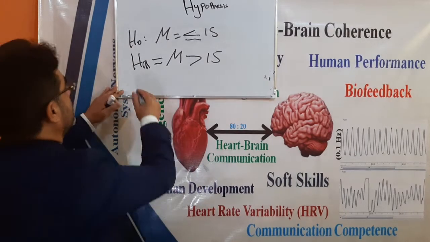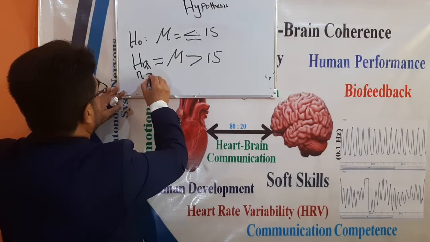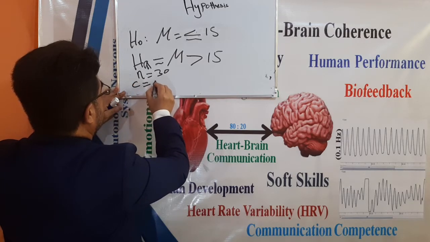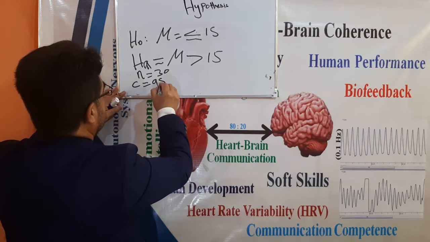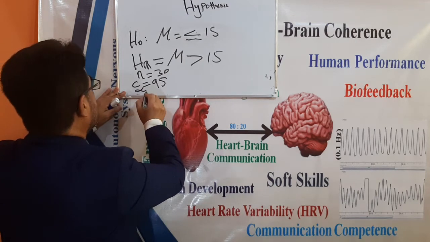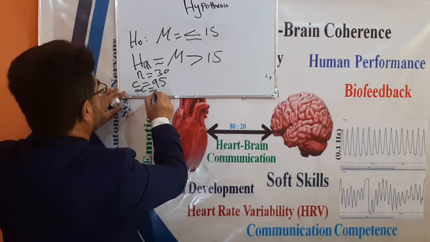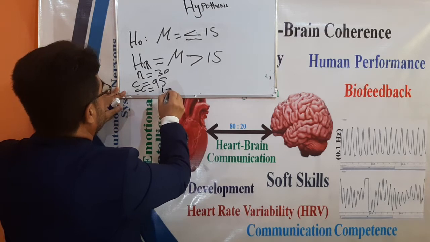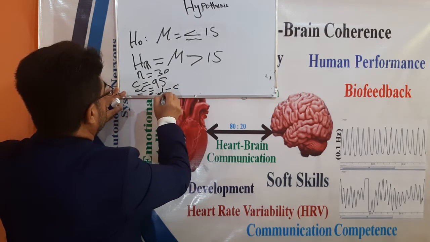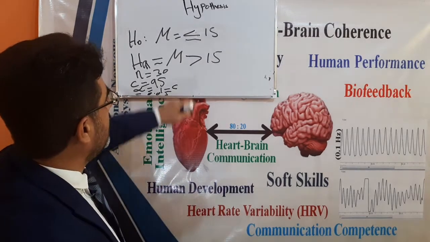That's why we then give the number 30, and also the level of confidence 95, and we can find the level of significance, again alpha equal to 1 minus c, which equals 0.05.